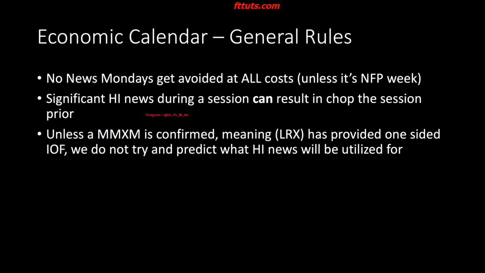When the market maker model is already near completion, meaning that we've already seen the market trade away after forming, for example, the low risk sell within a sell model, and the first distribution stage taking place, and now we're at the second stage of distribution, then news is likely to be utilized for the heavy repricing lower towards our target. And the reason why this is important is because by knowing this and by studying this, you will see at what times people that trade in front of news get it wrong and get it right.